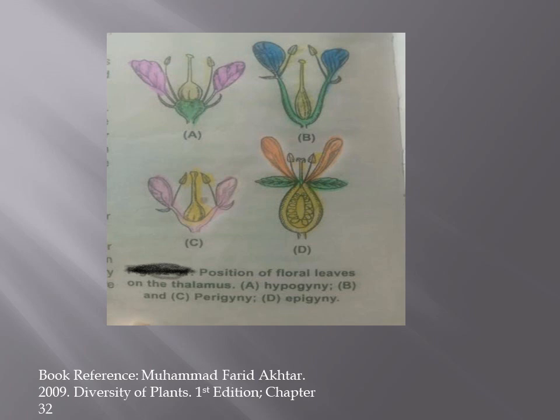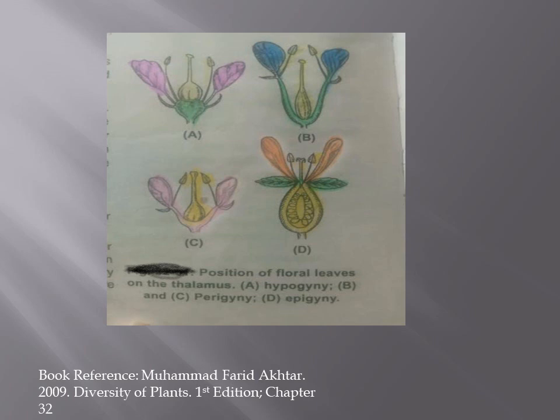So let me conclude that in this lecture I have told you about what is a flower, what are the different parts of the flowers. I have told you about the sepals, polysepalous, gamosepalous. I have told you about polypetalous, gamopetalous.